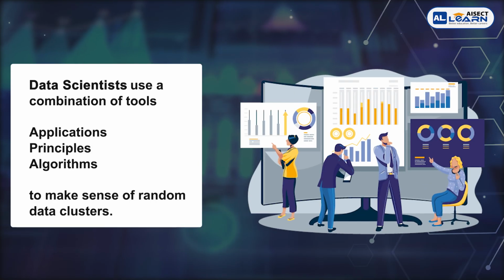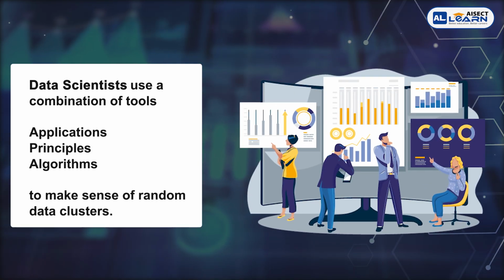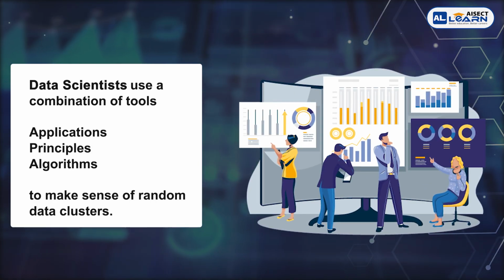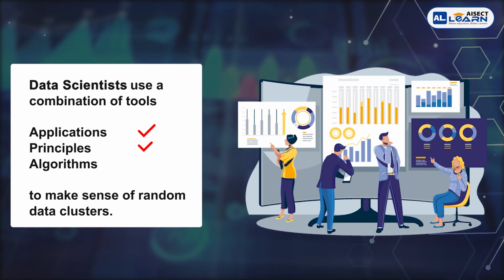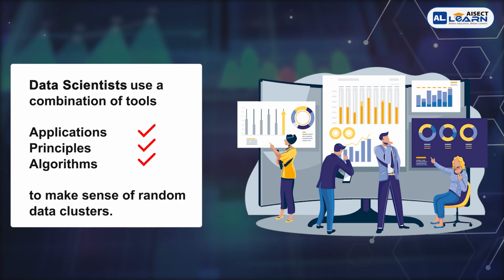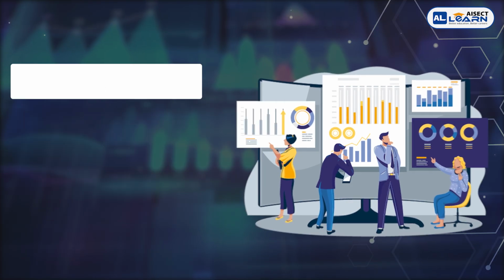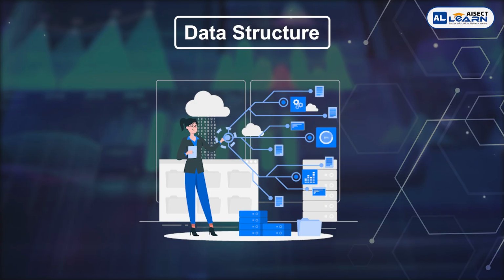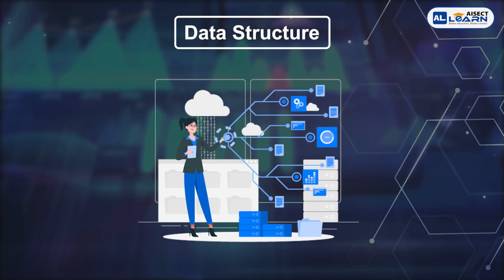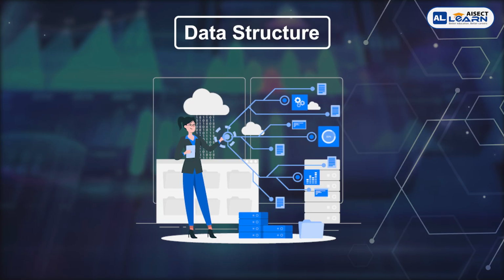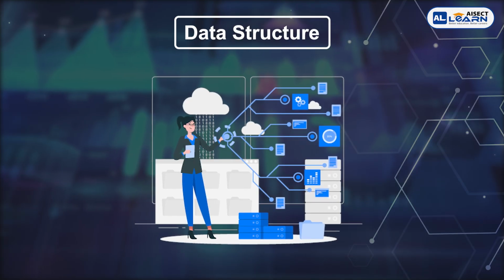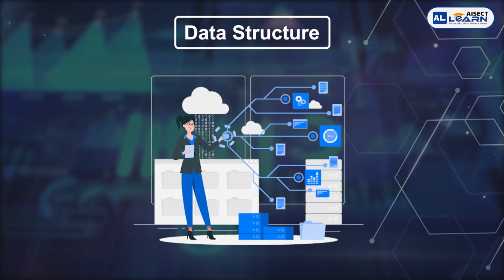Data scientists use a combination of tools, applications, principles, and algorithms to make sense of random data clusters. In the 90s, the data was in structured format, and at that time we thought only about structured format.